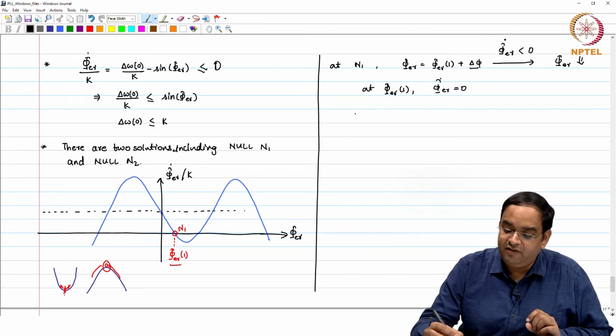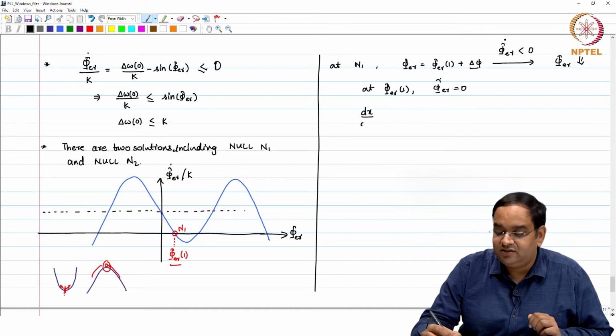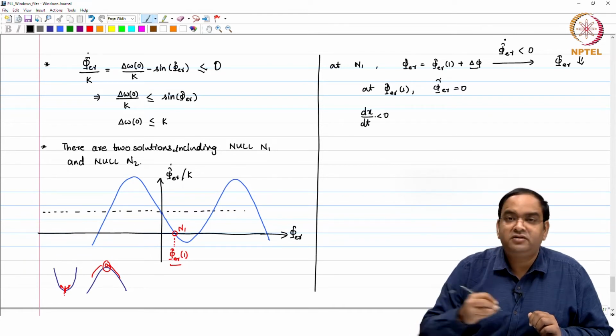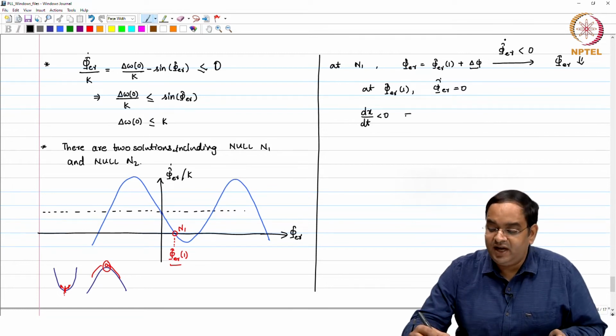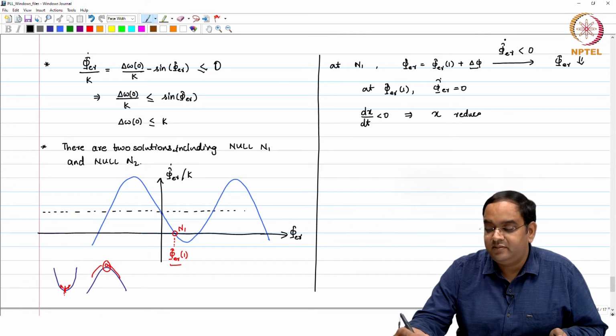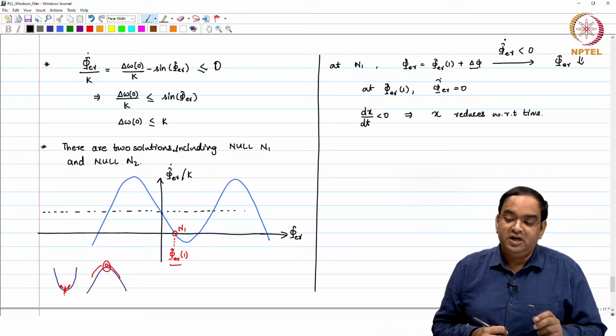So, if I have any variable, let us say x, and dx by dt is negative, it implies that x reduces with time, and it reduces with respect to time when the slope is negative.